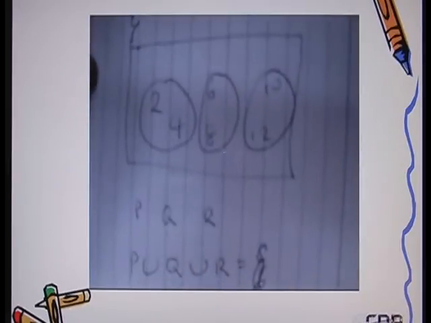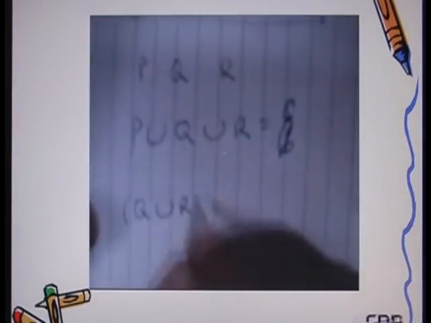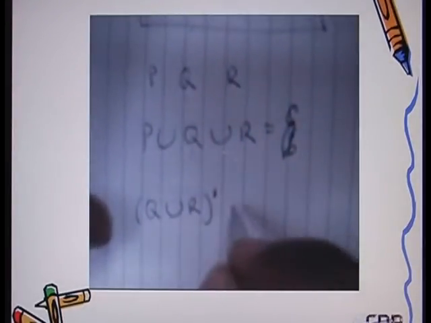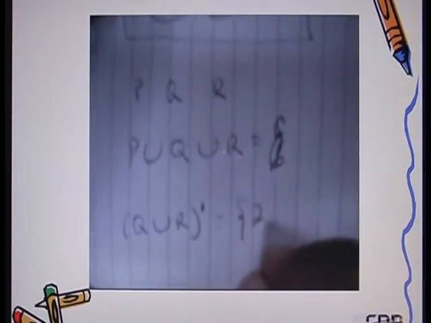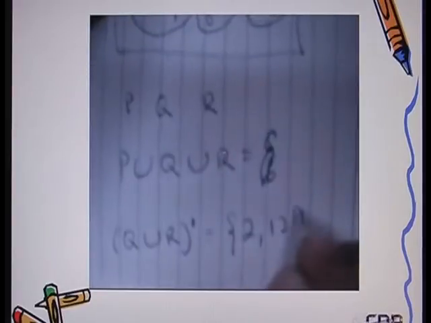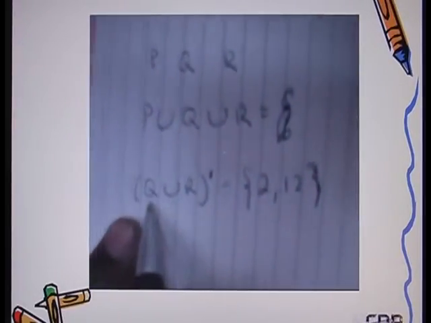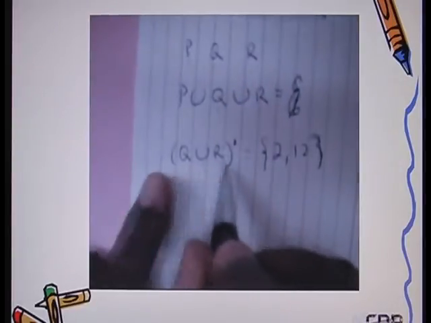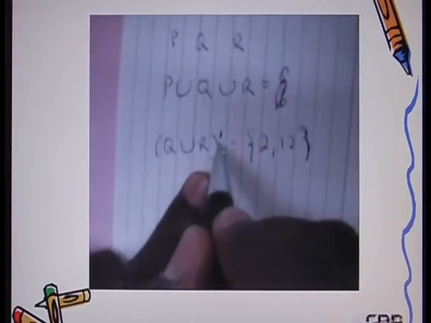Good? So the next part says, given that, in brackets, Q union R complement is equal to 2 and 12. Let's look at this. Union means the elements of Q and the elements of R come together. This little stroke here represents complement.